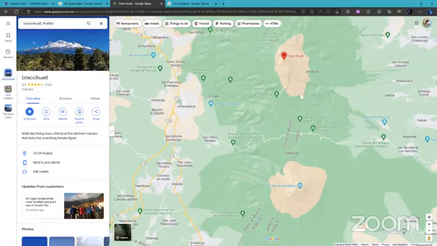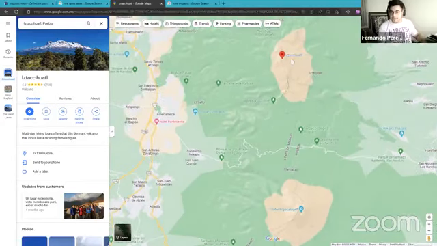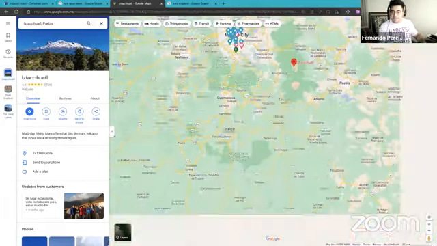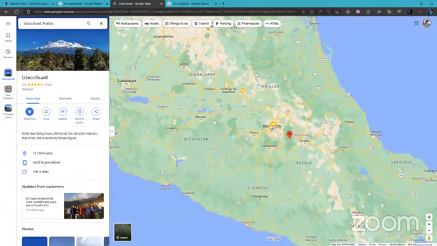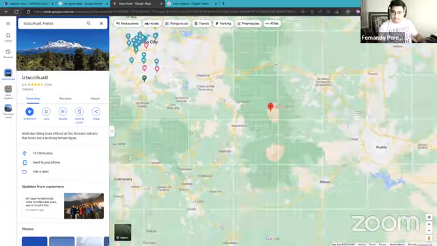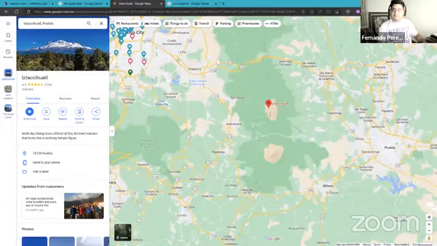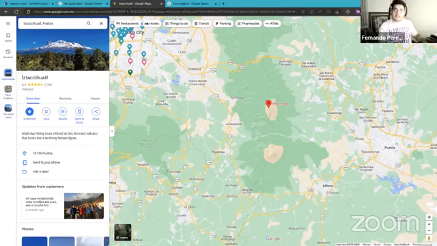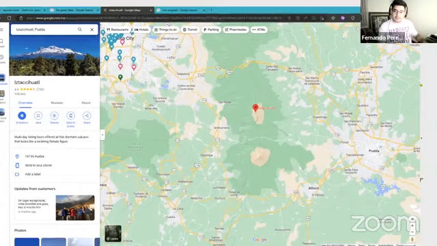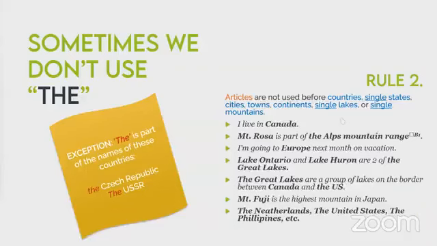So, Iztaccíhuatl is part of Sierra Madre Occidental. Mountain is part of Occidental Mountain Range.